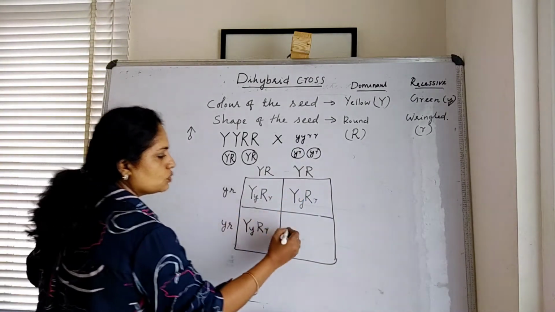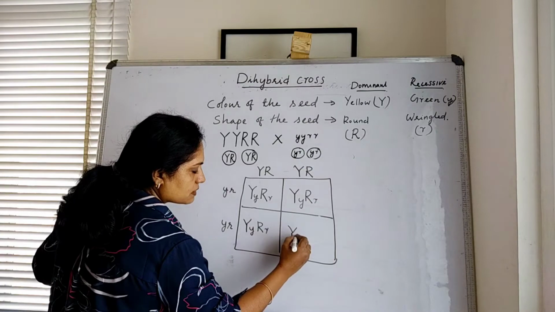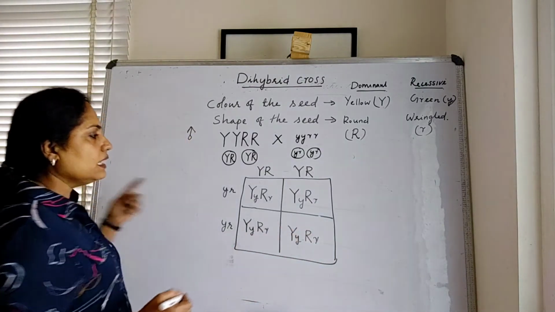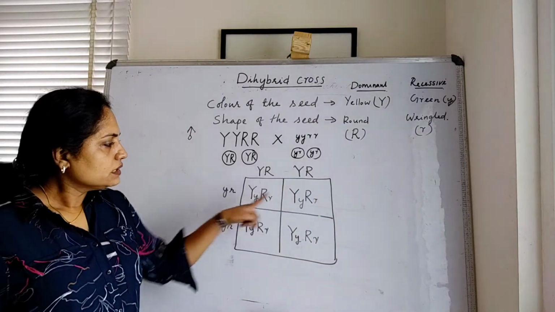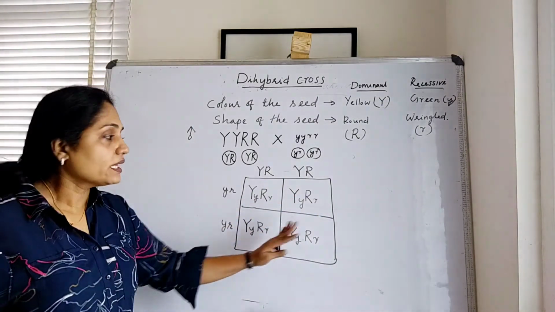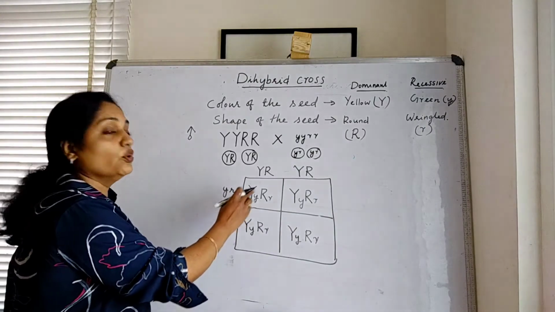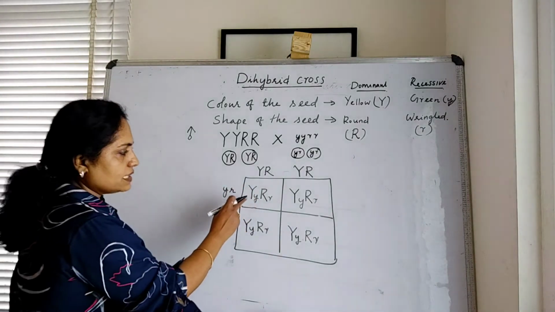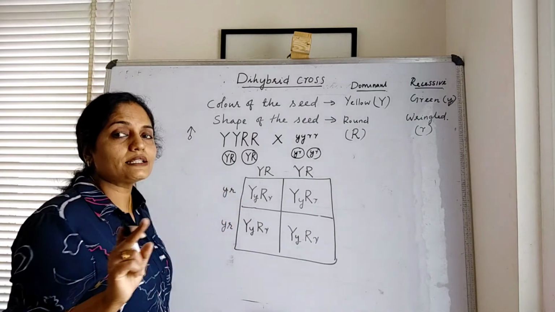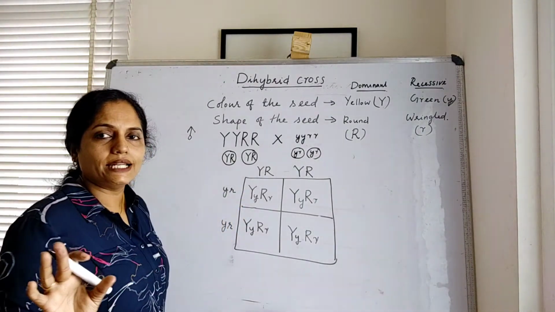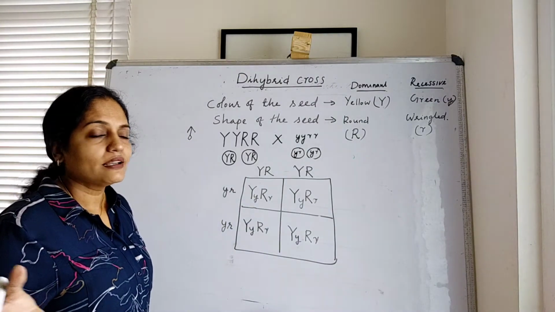We cross these two, capital Y, small y, capital R and small r. See, in all these four cases, there are capital letters or dominant alleles. So here capital Y represents yellow colored seed. So one capital Y is there, so automatically the seed will be yellow.